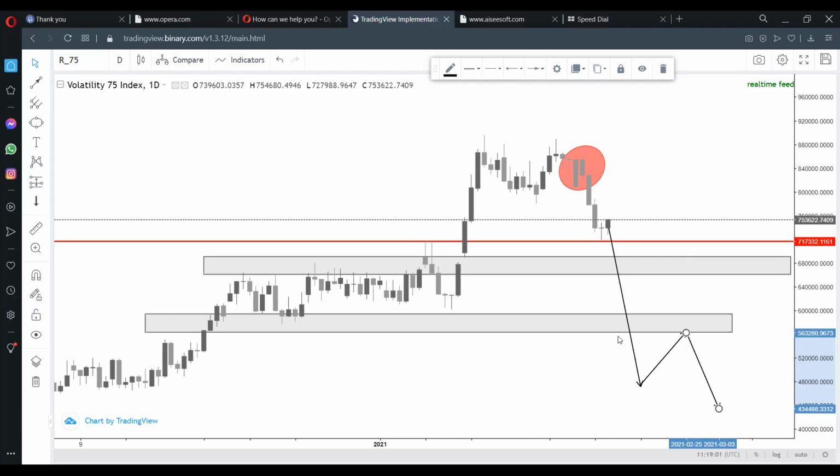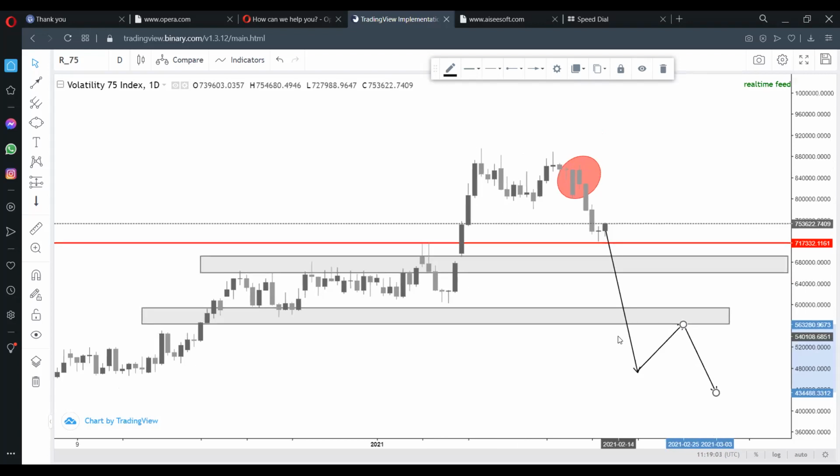But indicators, if you are using moving averages and then MACD and then stochastic and so on, definitely the indicator will tell you to sell. Why? Because if you go to the 1 minute, 1 hour time frame, the indicators are still trading below the moving averages, the 200 moving average, the 50 moving average and the 20 moving average.